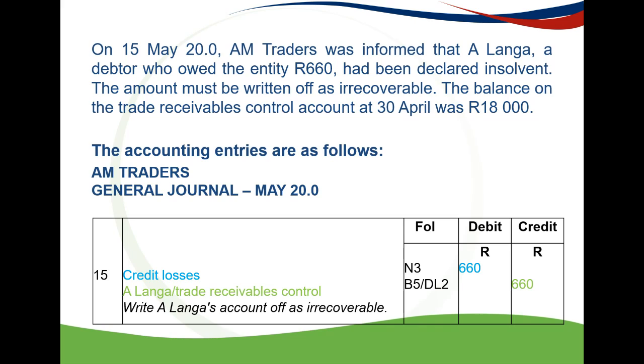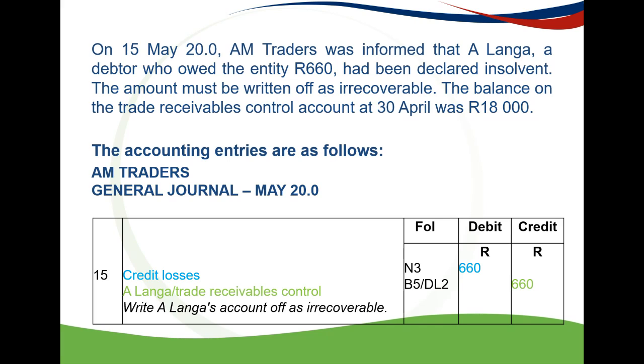So we said expenses increase on the debit side. Therefore our credit losses account will be debited with 660 Rand, and our debtor, A. Langa, and the trade receivables control account will be credited with the 660 Rand.